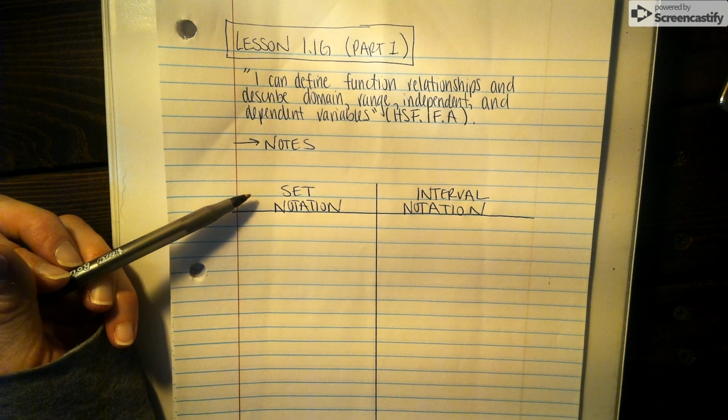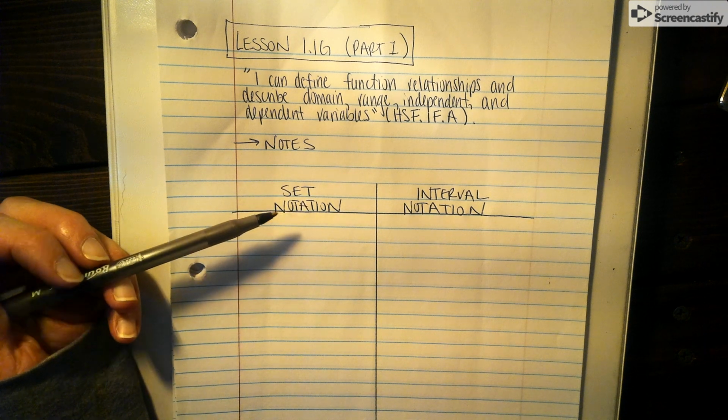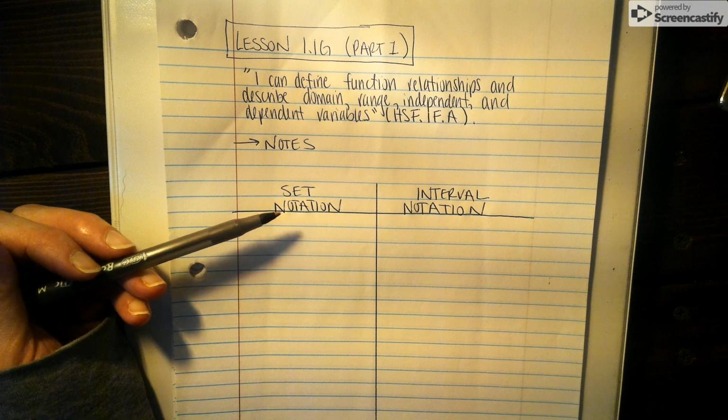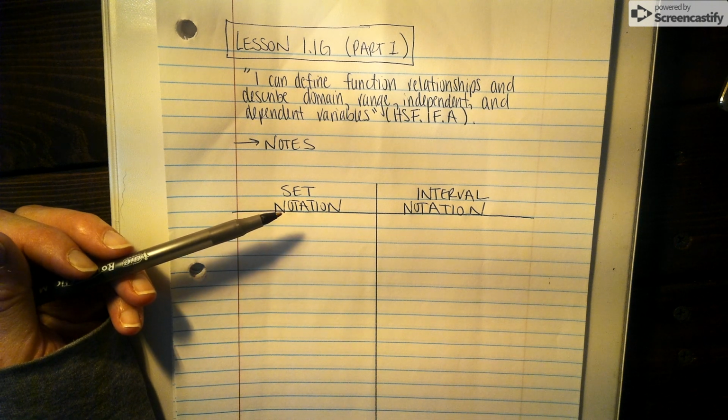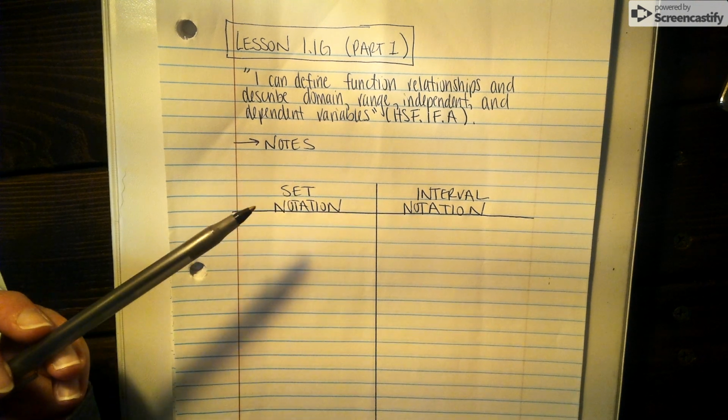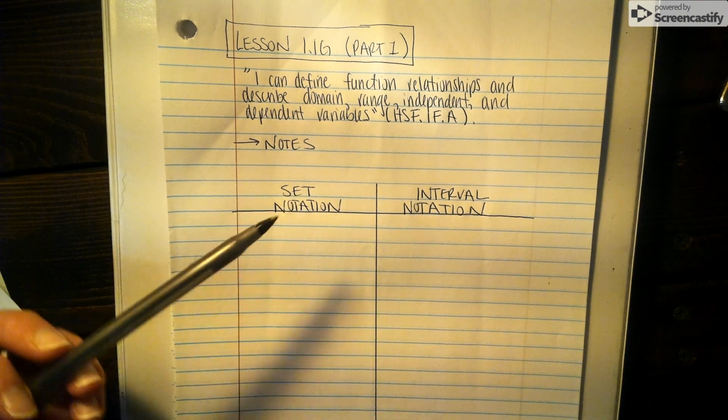Set notation, you're going to mainly see off and on, through some of the notes or resources, or even your practice problems for this lesson and beyond. But you're going to mainly see and use set notation more so in high school and your upper math level courses.